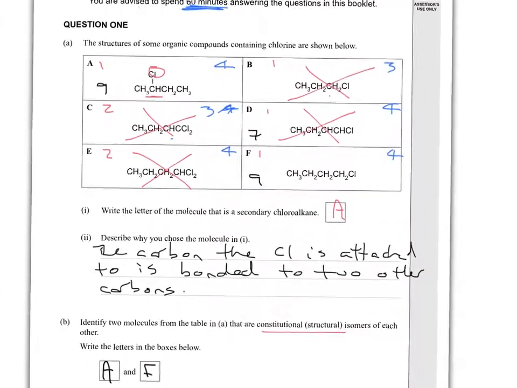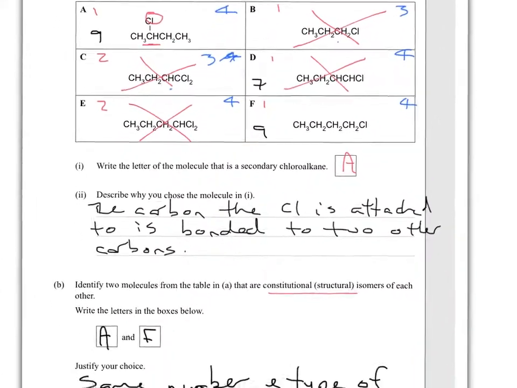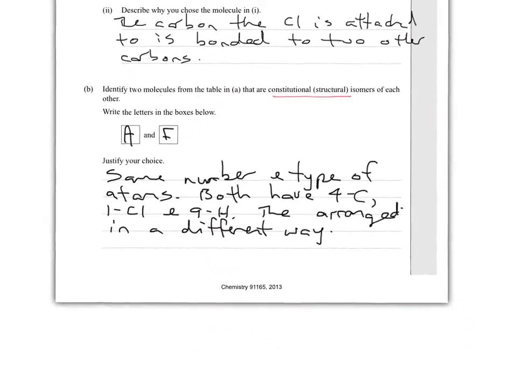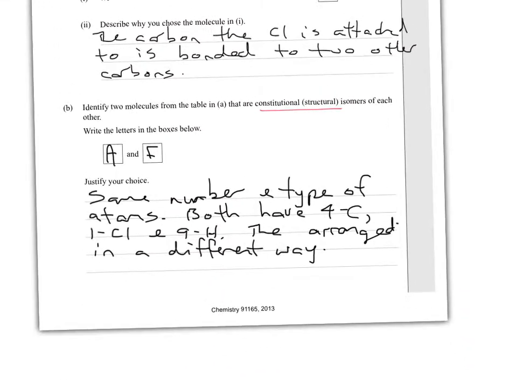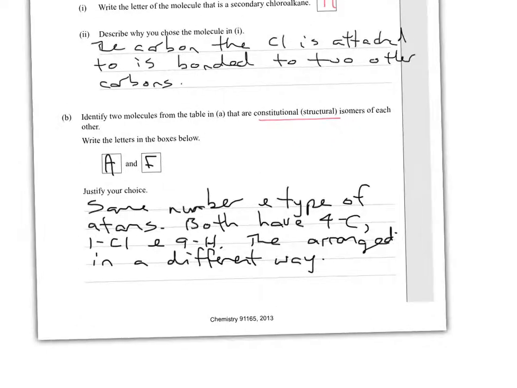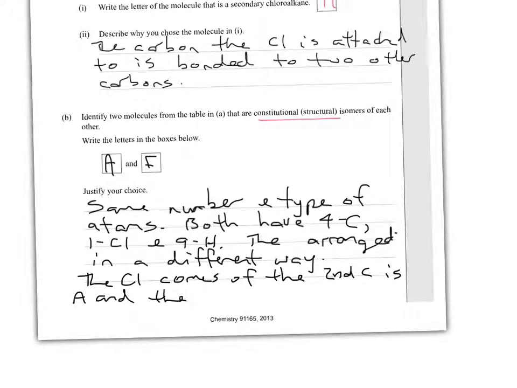Okay, so the chlorine comes off the second carbon in A and it comes off the first carbon in F. The Cl, the second carbon in A and the first in F.